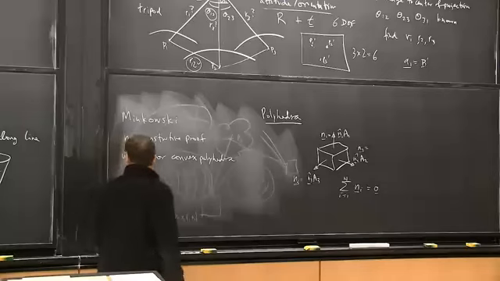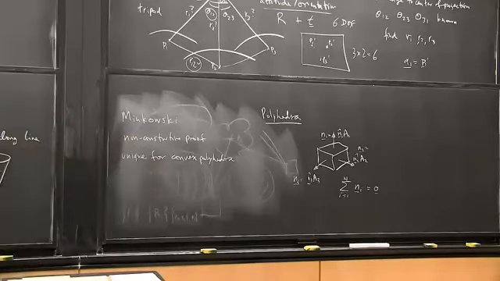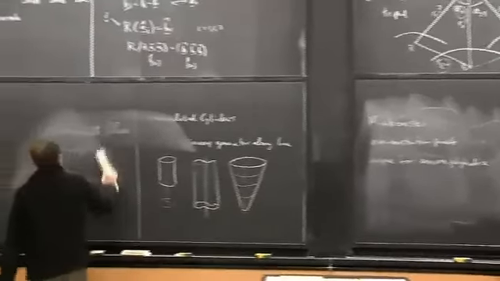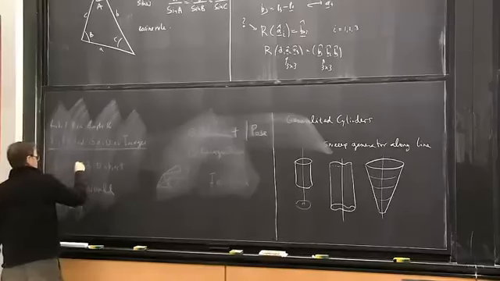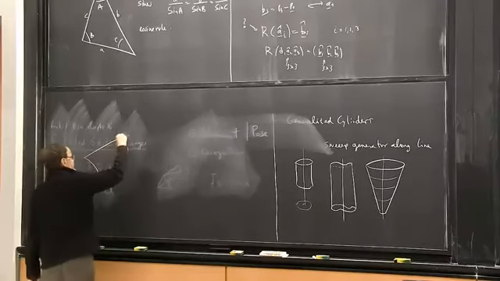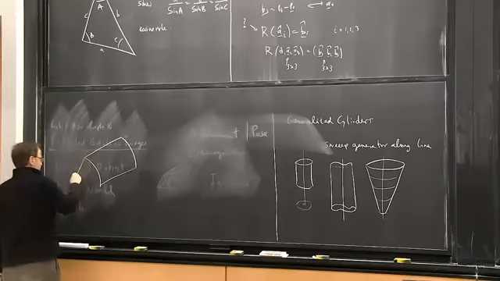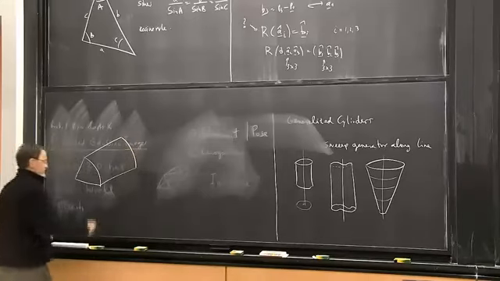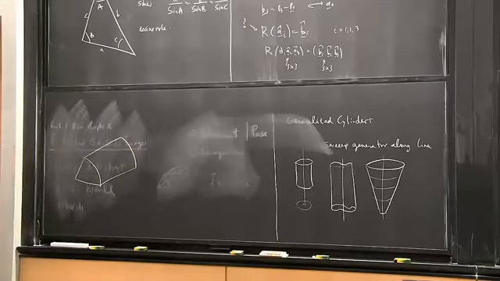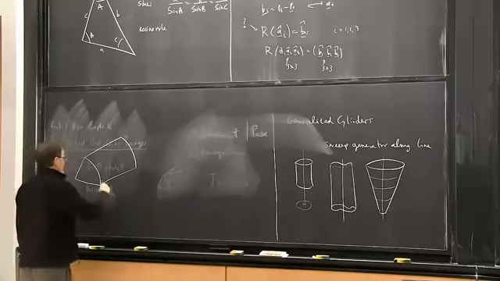Okay, so let's take a more complex object like, I don't know, an ICBM re-entry vehicle, somewhat simplified. There's a cylindrical part, and maybe there's a conical part, and there's a flat part that we don't see here that's on the back. So what I can do is approximate this using our mesh polyhedral representation.